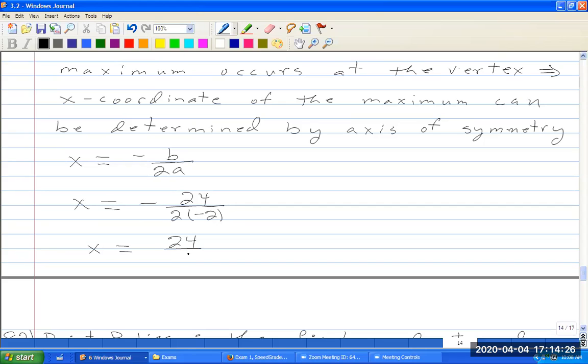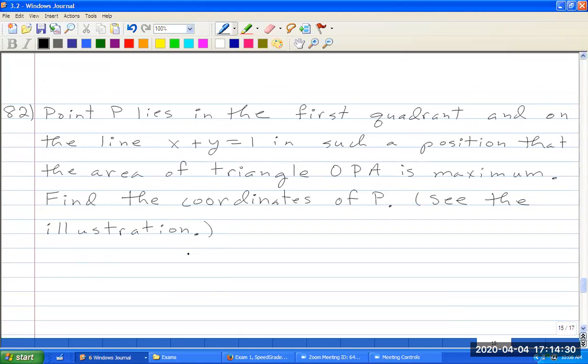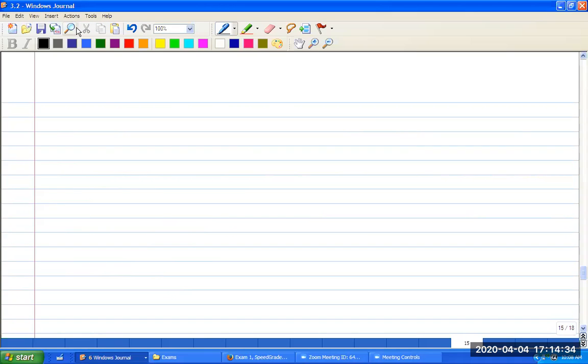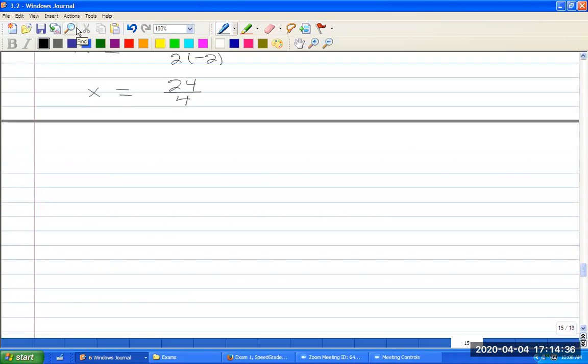So you should get 24 over 4, and 24 divided by 4 is 6. So that gives me the x-coordinate of the vertex.